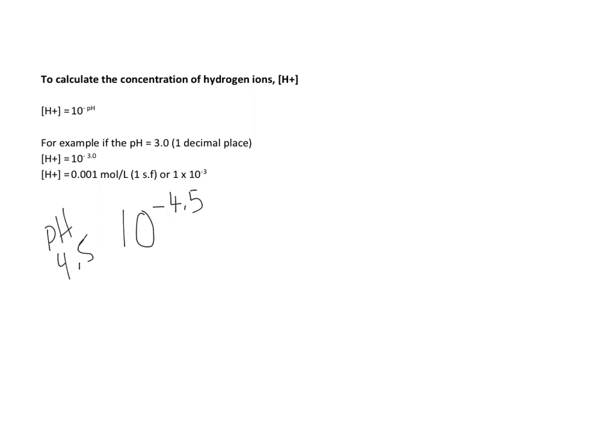So some of you will punch this in your calculator exactly like the formula says. Second function 10, and then negative 4.5, and then equals. But on some calculators, you have to do 4.5, and then push the plus negative to make it negative, and then you push the second function log button.